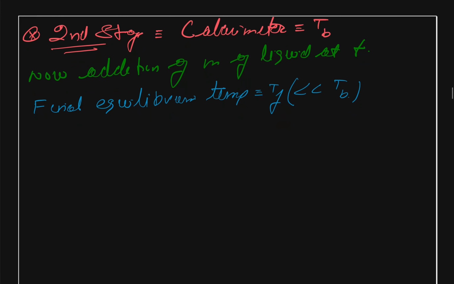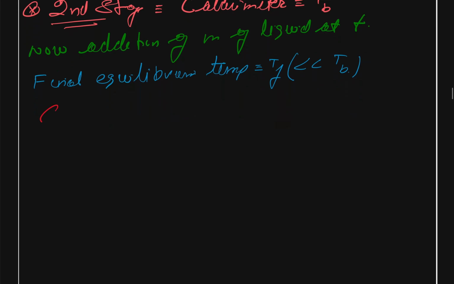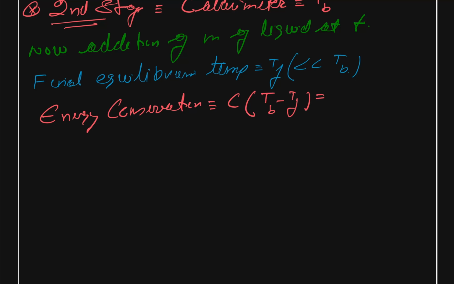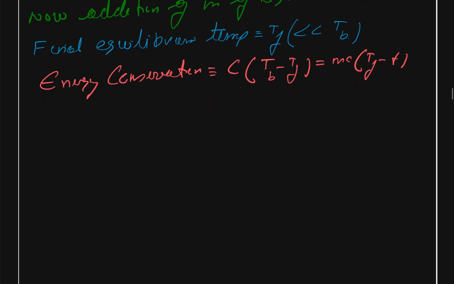So once again, we are going to use energy conservation. And we can write that for our calorimeter, the temperature is at TB, the final temperature is TF, and then it is simply the cooling down of the liquid from the final temperature, and the initial temperature was T. So from here we can find out this capital C will be equal to mc (TF minus T) divided by (TB minus TF).